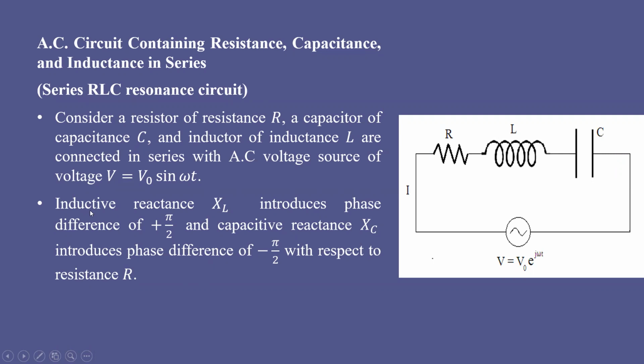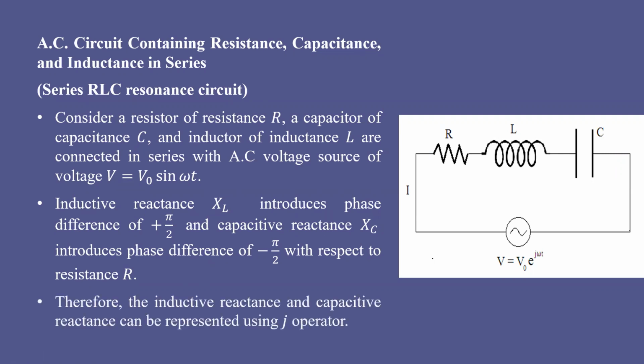So inductive reactance XL introduces a phase difference of plus pi by 2, and capacitive reactance XC introduces a phase difference of minus pi by 2 with respect to the resistance R. If you represent the resistance along the real axis, then XL will be the positive imaginary axis and XC will be the negative imaginary axis. That is how you can represent it in a phasor diagram.